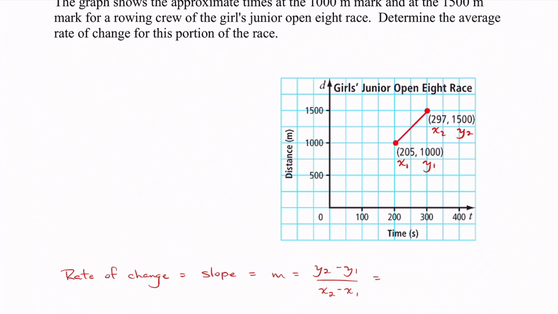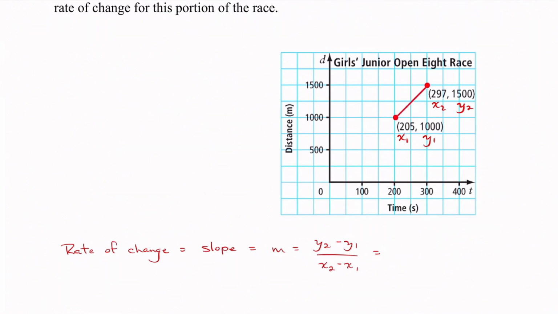You could have labeled it the other way and you'll still get the same thing. So plugging into our formula down here at the bottom, y2 is 1,500, and then minus y1 is 1,000, and that's all being divided by x2 we labeled was 297. Subtract x1, which was 205.